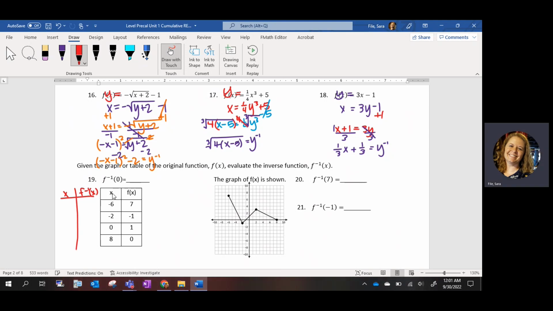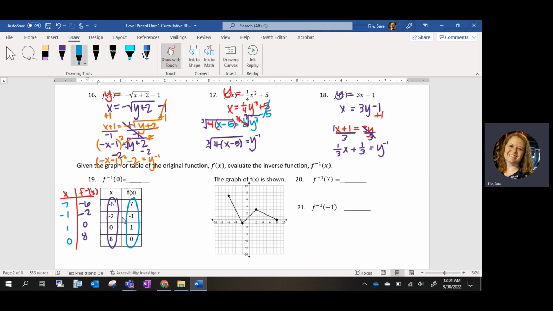So instead of x and f of x, with x and inverse of f of x. So remember, what was the x column becomes the y column. What was the y column becomes the x column, because x and y switched.